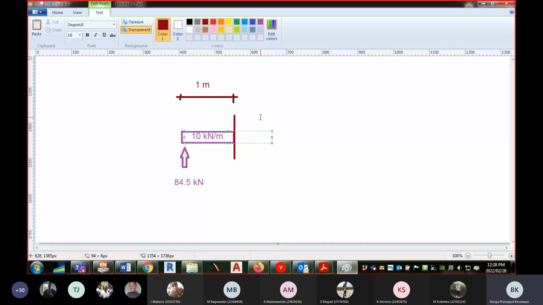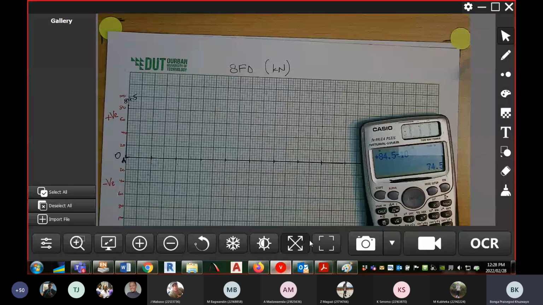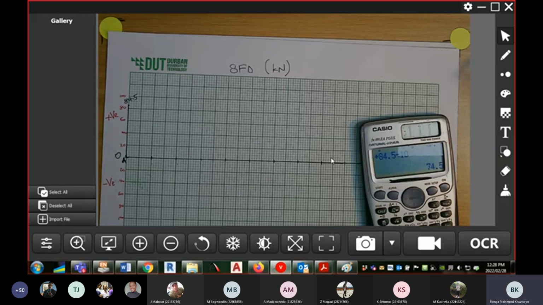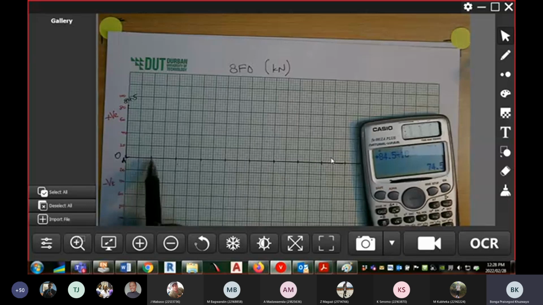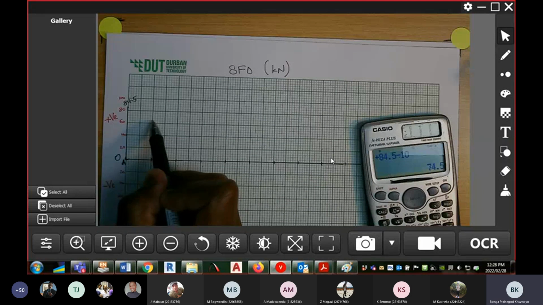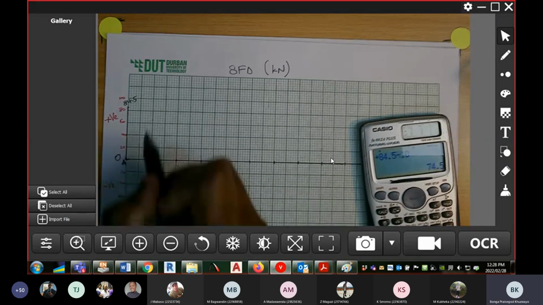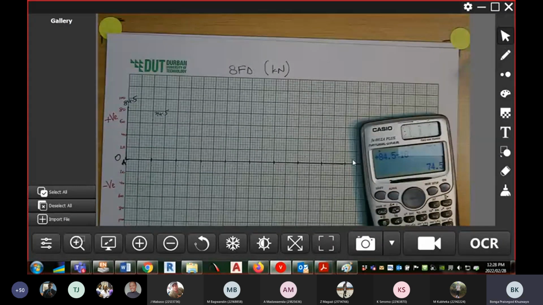So it's 84.5 minus 10, and then you get 74.5. So on our graph paper, where is 74.5? On our graph paper, 74.5 at 1 meter is somewhere there. So that's 74.5.